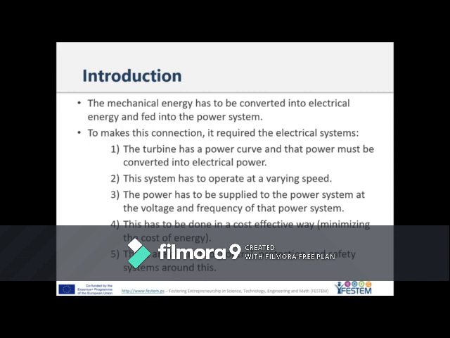If it operates at varying speeds, that means the power produced will vary. The power has to be supplied to the power system at the voltage and the frequency of that power system. If we're talking about a transmission power system or distribution power system, then we have certain voltage and certain frequency that has to be matched.